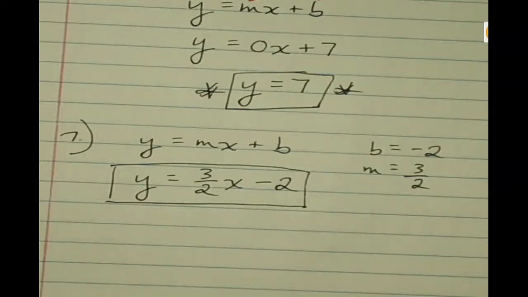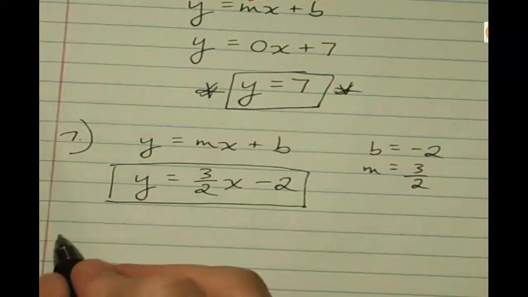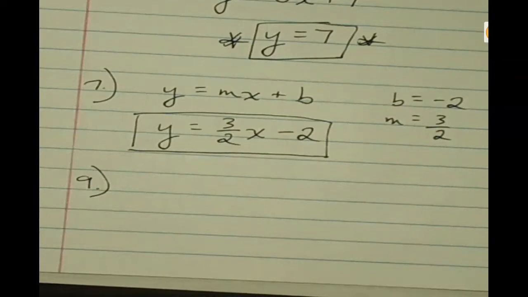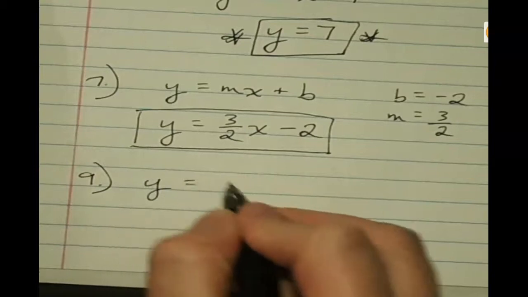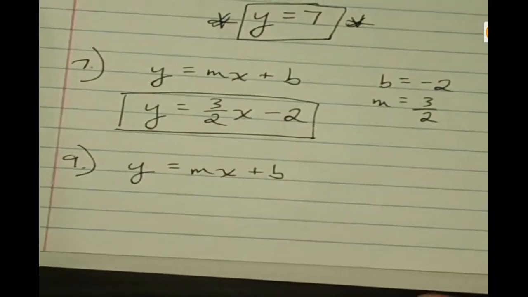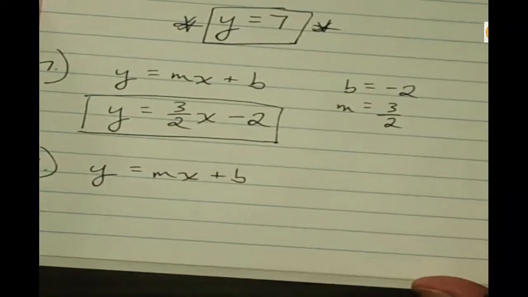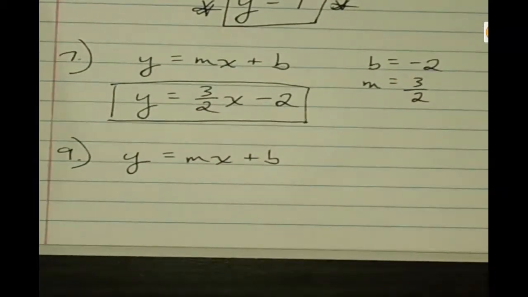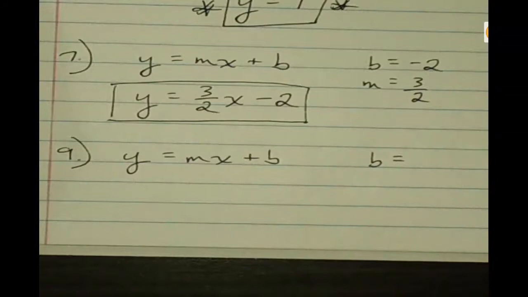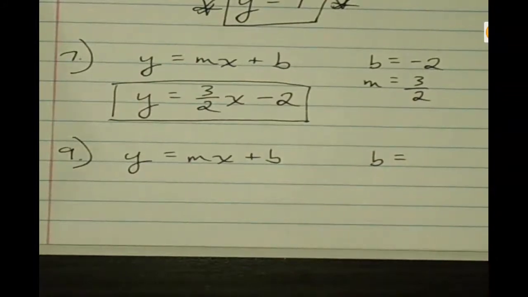Okay. Let's look at number 9. We need it to look like this. Look at your graph on number 9. The first thing you can find is your y-intercept. Where does the line cross the y-axis, Emily?